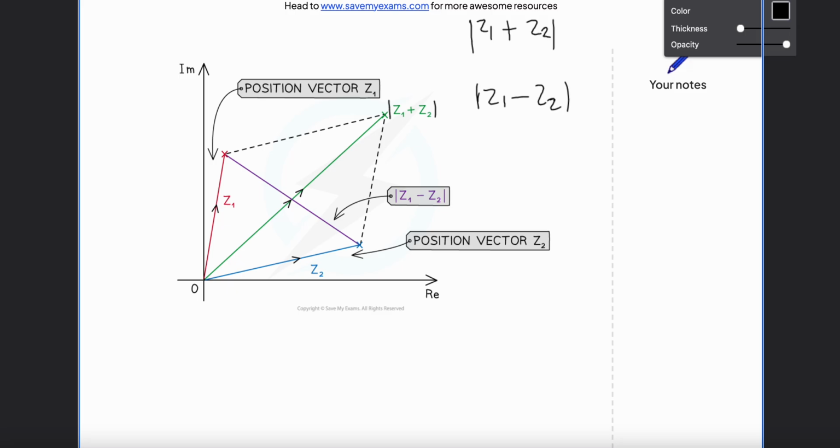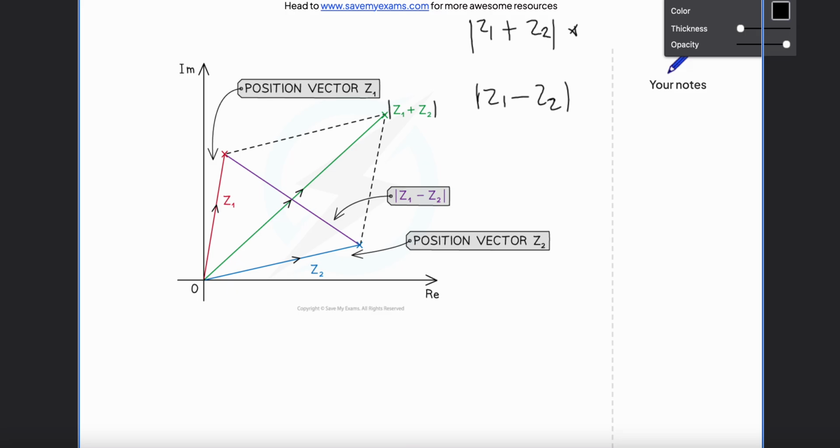These two can be represented on the same diagram, right? As these are just diagonals of a parallelogram. So we have our parallelogram that is being formed using Z1 and Z2. The diagonal that starts from the origin, right, and it is going to the other side of the parallelogram, that is the one that is representing Z1 plus Z2.